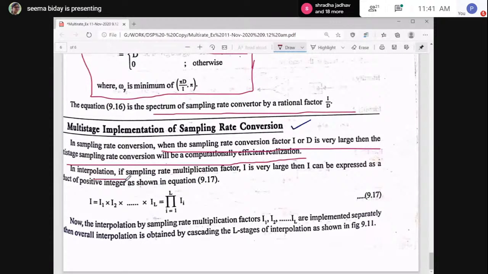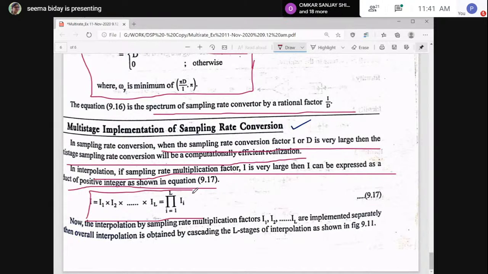Now, what is this? In interpolation, if the sampling rate factor I is very large, then I can be expressed as the product of positive integers like this. Similarly, we can do it for D. This is capital I equal to I1 into I2 into I3 up to IL, and so on.